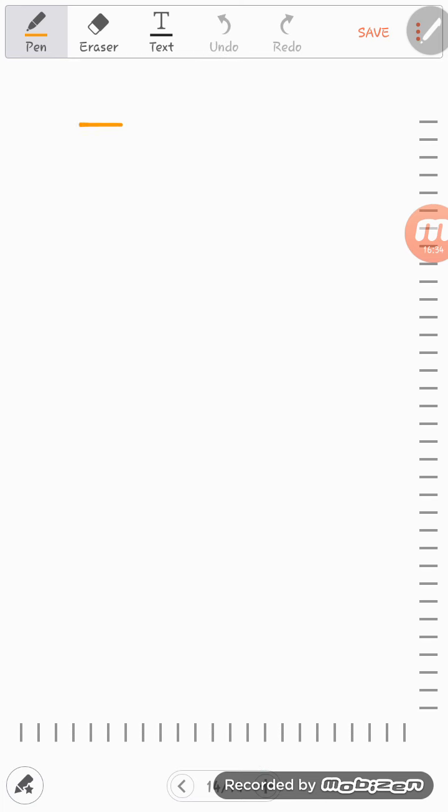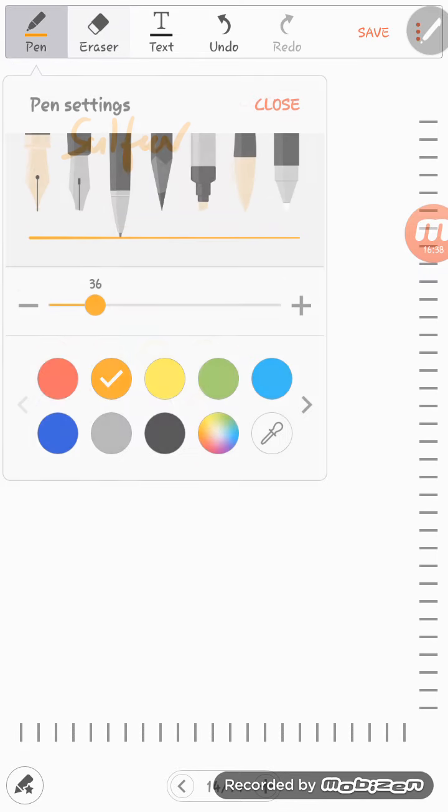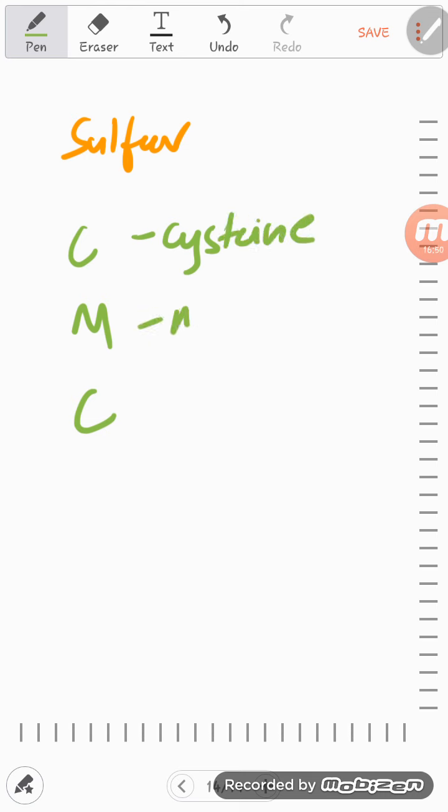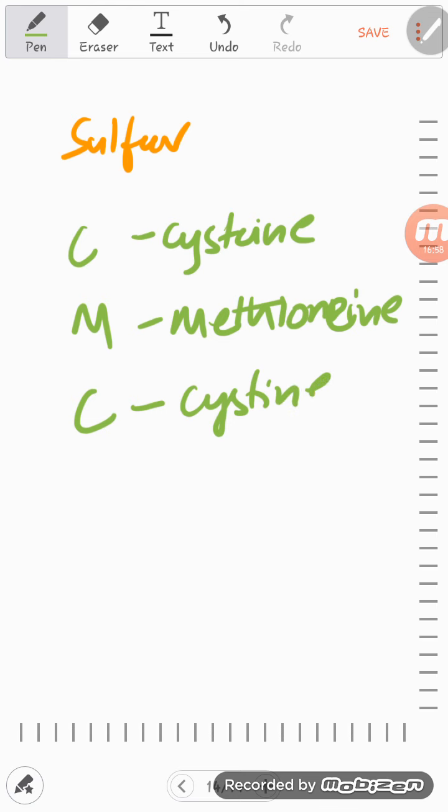The next question is sulfur containing ones. The answer is CMC. I hope you know about CMC. That is cysteine, methionine, cysteine.